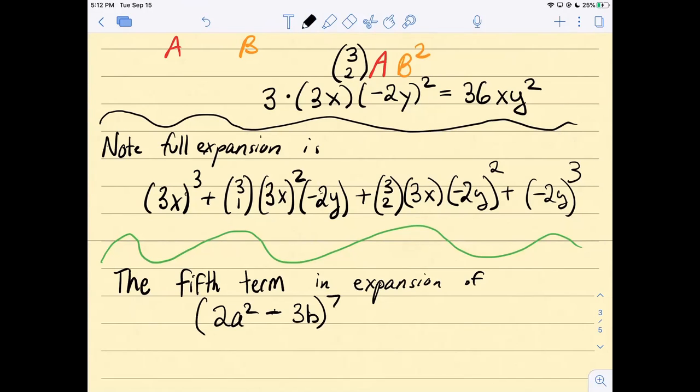Okay. So we could actually just expand this by hand and do all of the terms, but it's not asking us for all of them, it's just asking us for the fifth term. So here's a question, and this is where you have to be really careful. How many b's, this is b, and this is a.